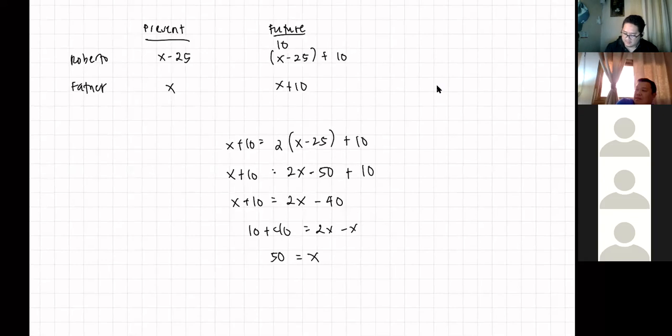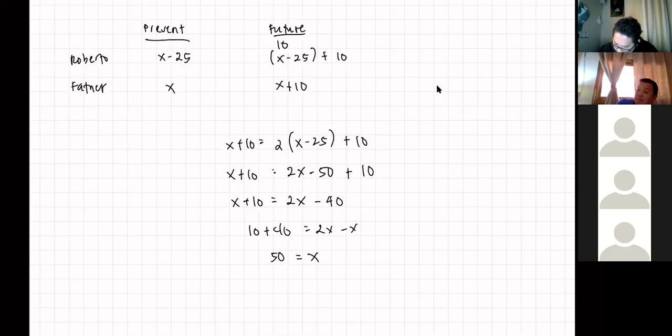So tama, ang present age ng tatay niya is 25, 2 times 25, 50, negative 40 plus 40. Bakit ganon? Okay. Alam ko na mali ko.